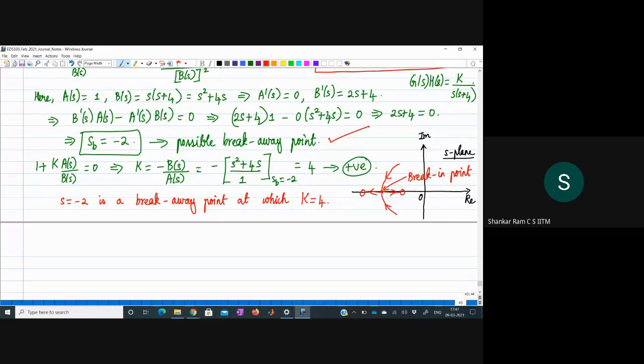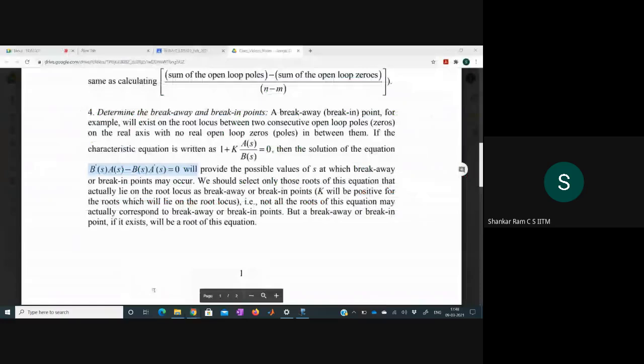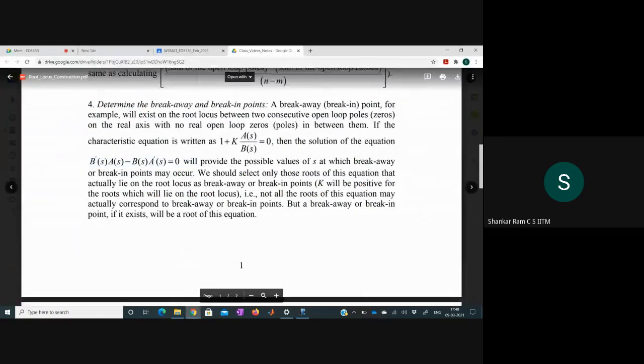That is, we evaluate the roots corresponding to b prime s a of s minus a prime s b of s equal to 0, and then we calculate the solutions and look at the value of k corresponding to the solutions that we get. Whatever value of s gives a positive k is the correct breakaway or break-in point. So that concludes step number 4, which is on breakaway and break-in points.